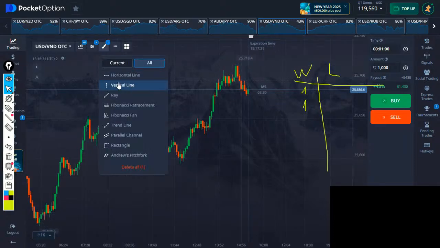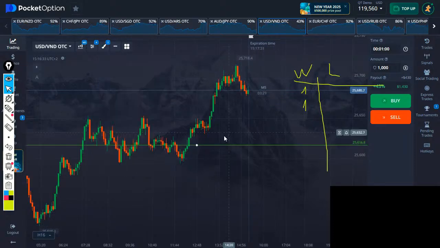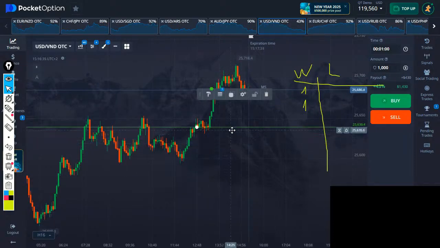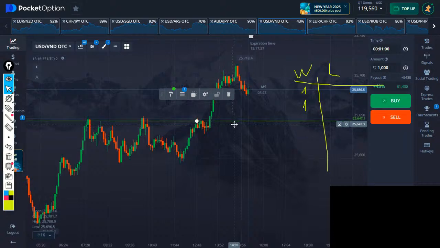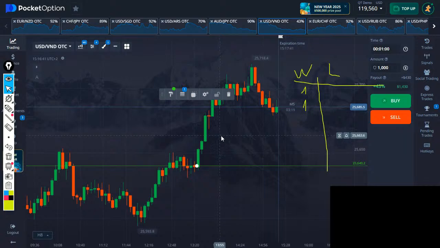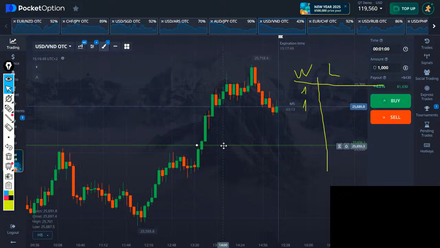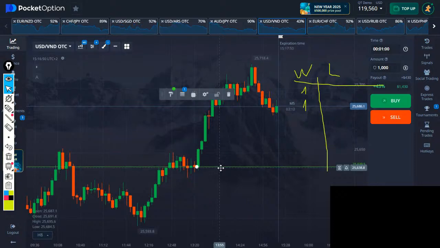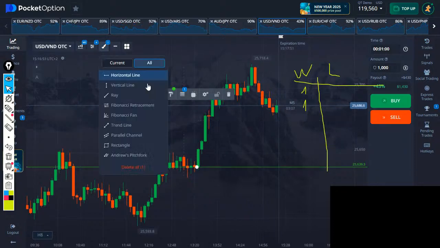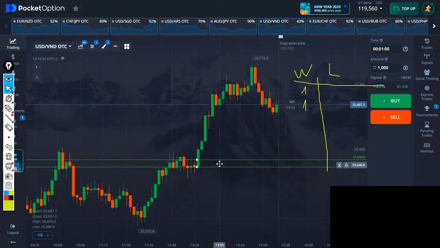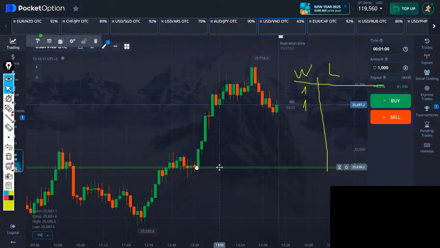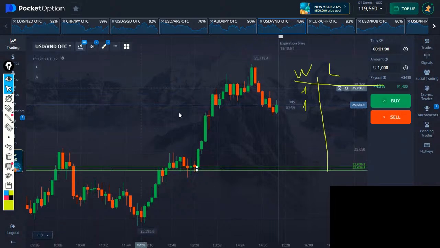This is nice. So you mark your demand area on the 5 minutes. You mark yourself a zone. You go to the 1 minute chart.